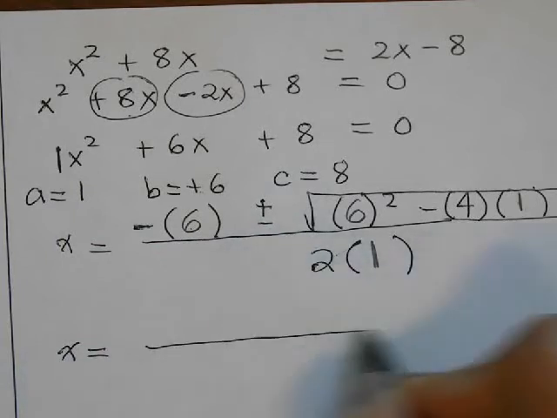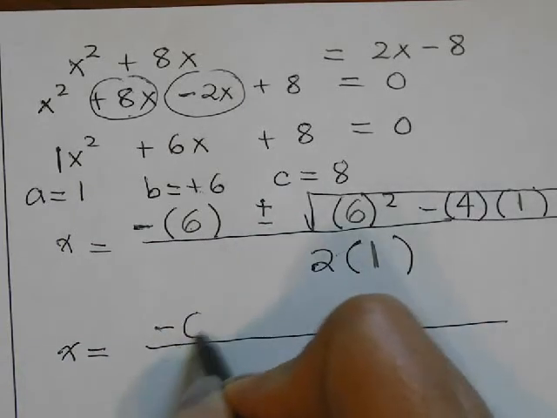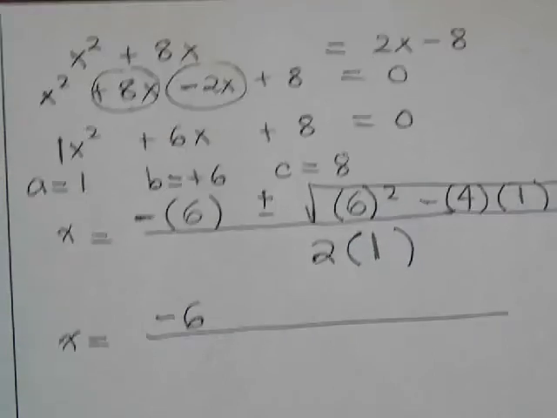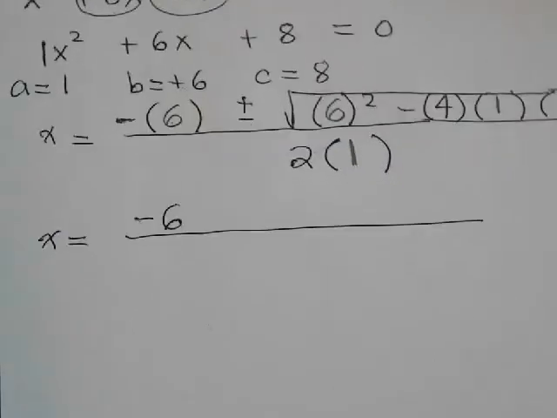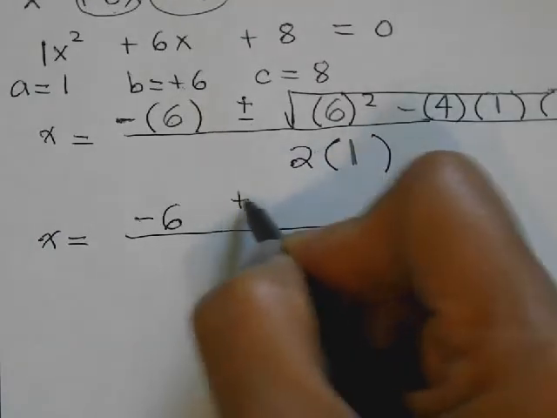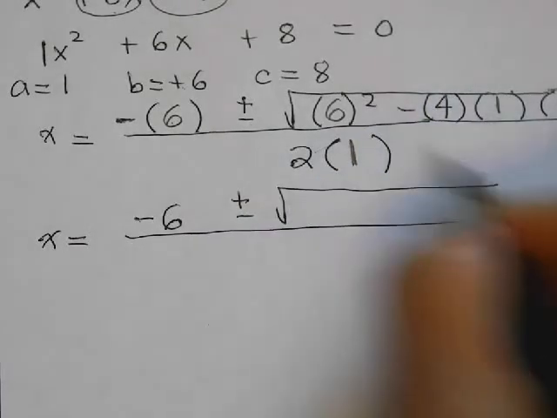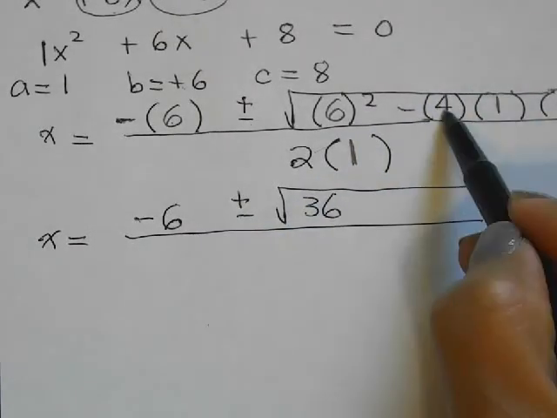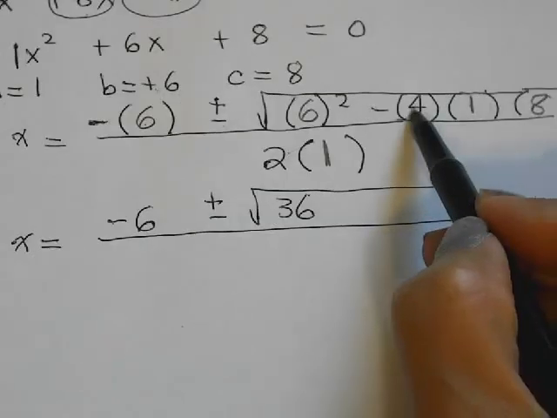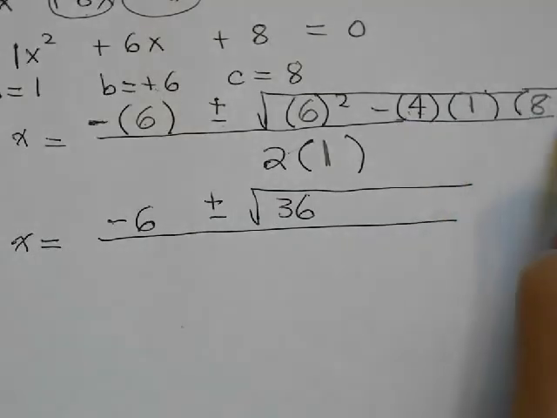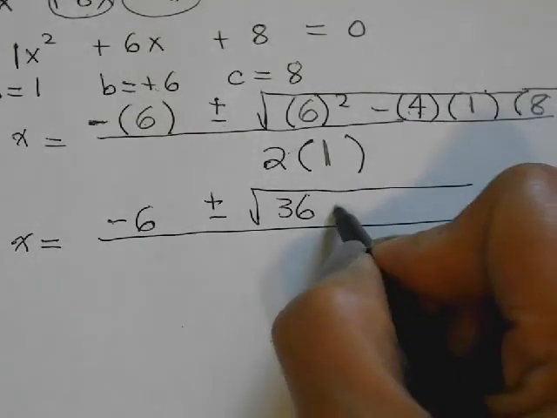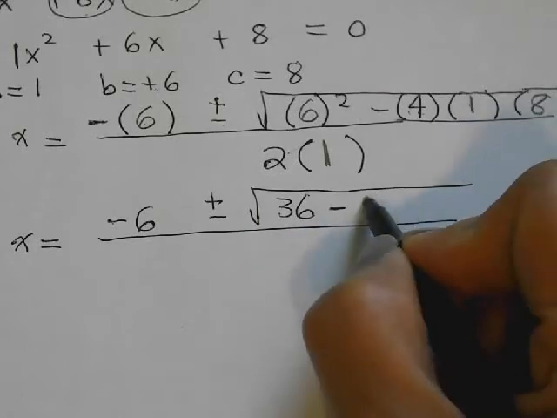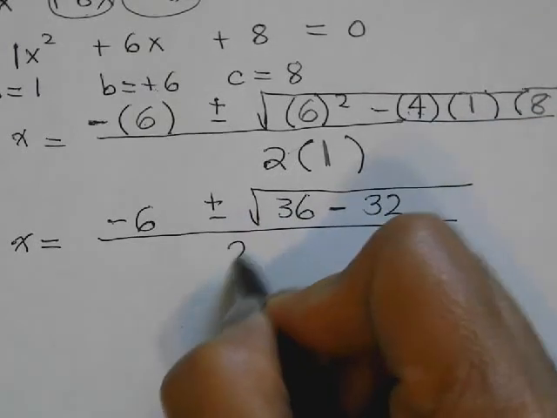Okay, simplify. This would become negative 6. No need for the parentheses. Plus and minus square the b. So that's 36. Multiply these three numbers, negative 4, 1, and 8. So the overall sign is negative, and that will be 32 all over 2.